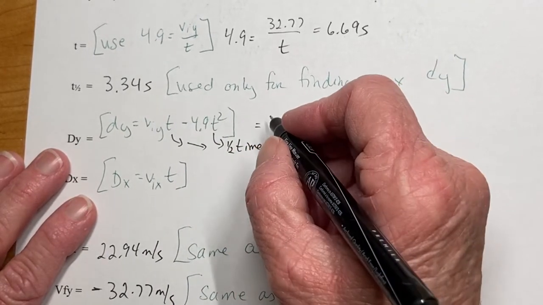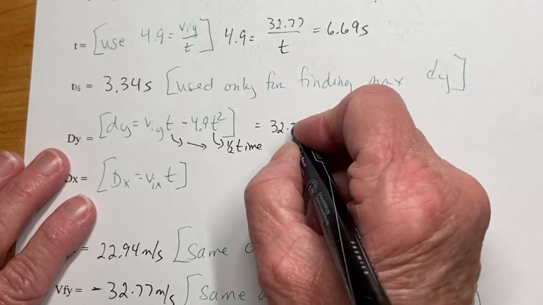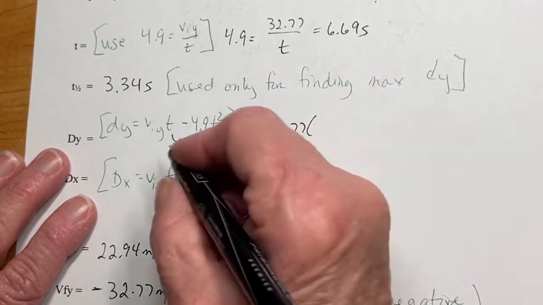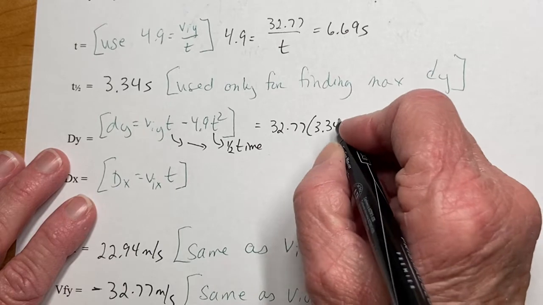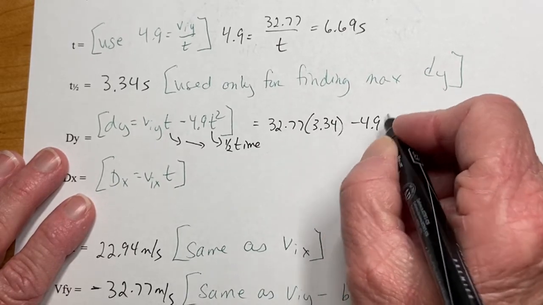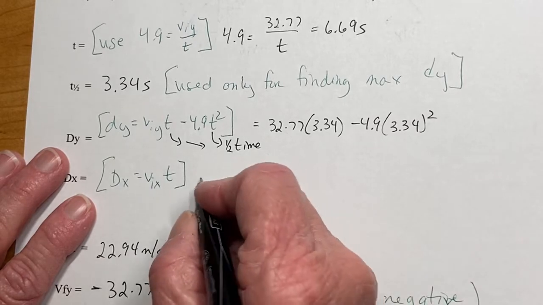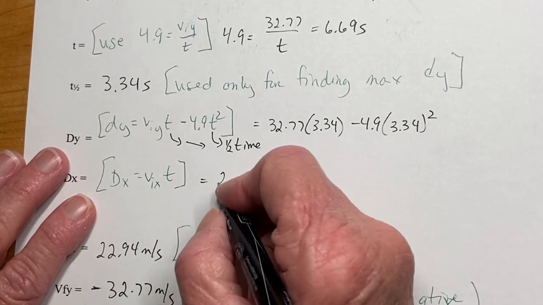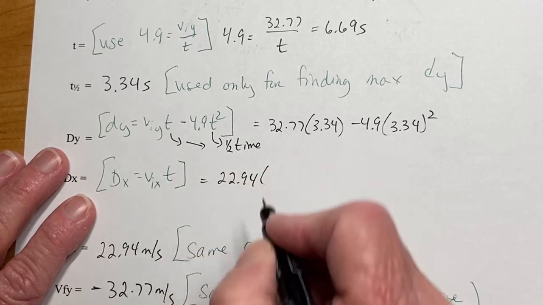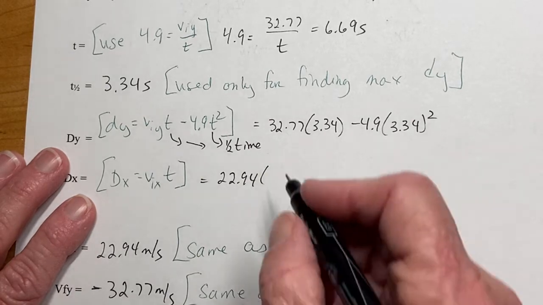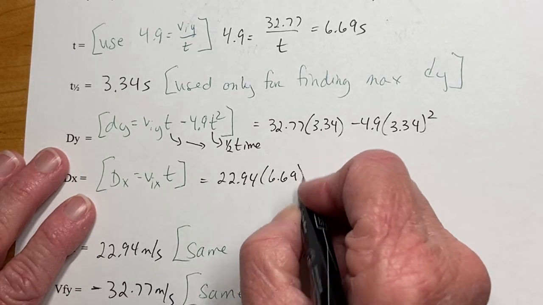All right, so let's do this. 32.77 times, this time, 3.34 minus 4.9 times 3.34 squared. The dx, let's see, VIX is 22.94, and this is whole time, so we're going to use 6.69.